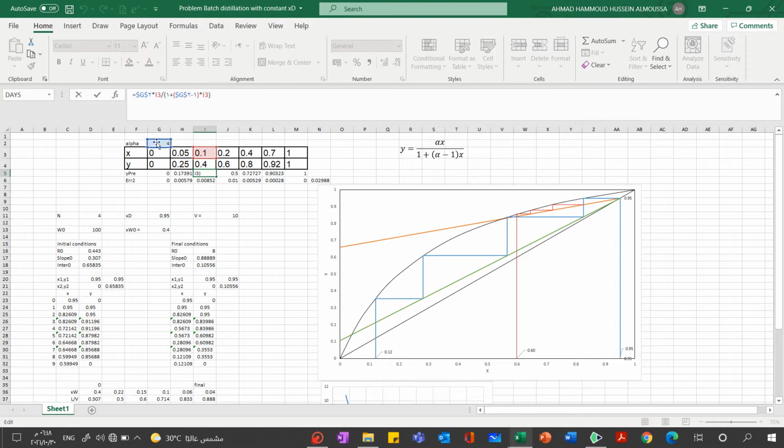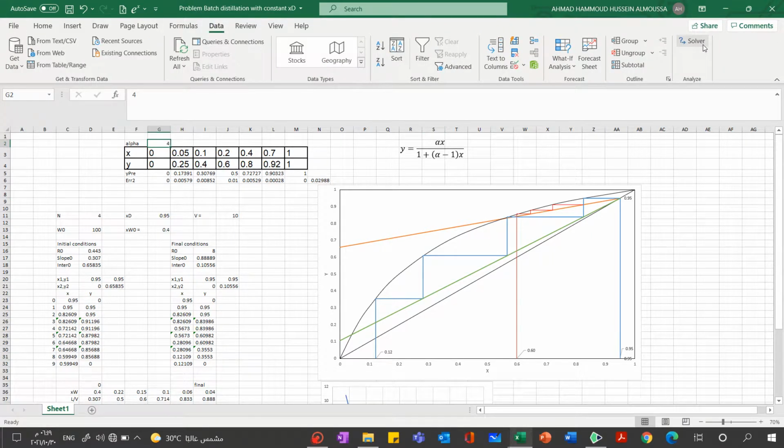Why does he want the alpha? Because he wanted the chart to draw this line and the operating line, etc. If you see this, the code of this point is connected to the alpha. So if we go to the data, to the Solver, maybe some of you do not have the Solver, it's no problem, it's easy.